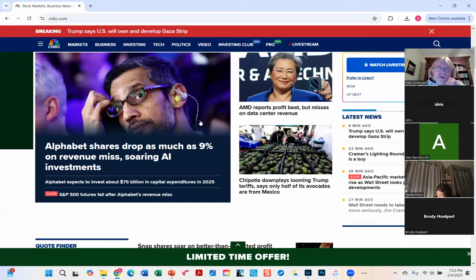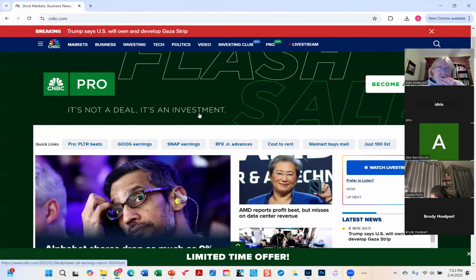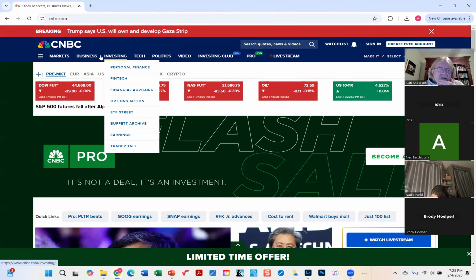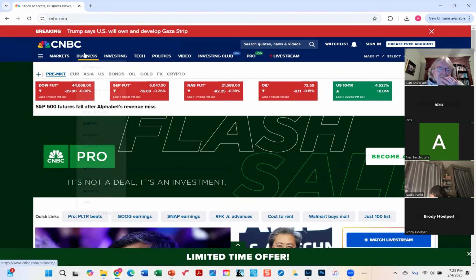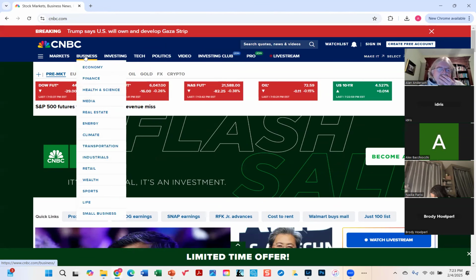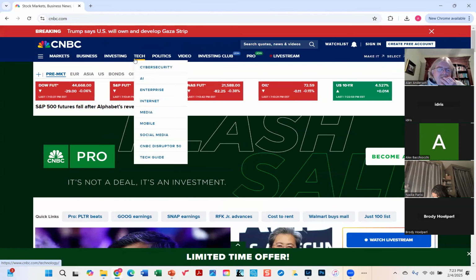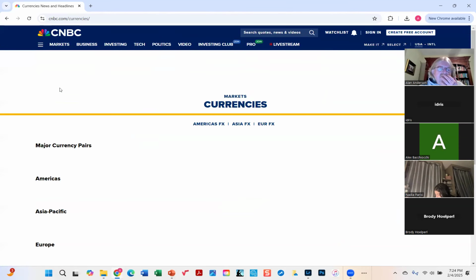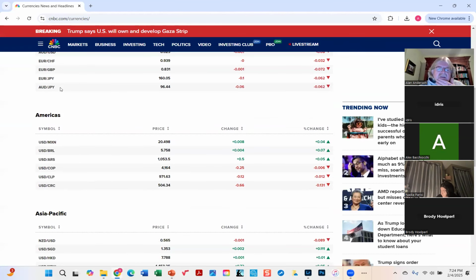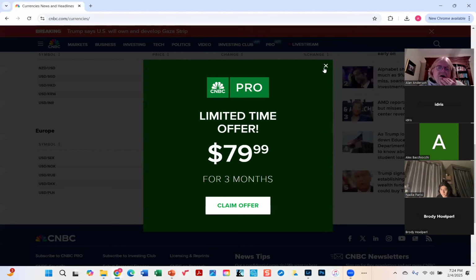So as far as the currencies go, if you come up here, they have a little bit of everything. Let's see if we can find the currencies page. Oh, here we go. It looks like they have prices, of course. I don't see any actual articles here. Oh, no wonder.